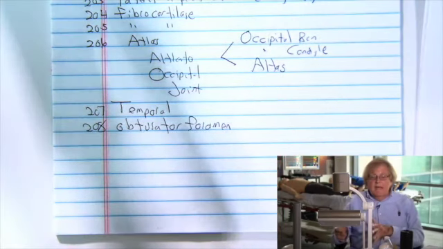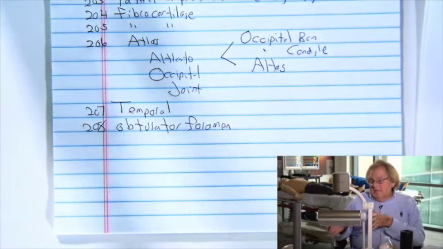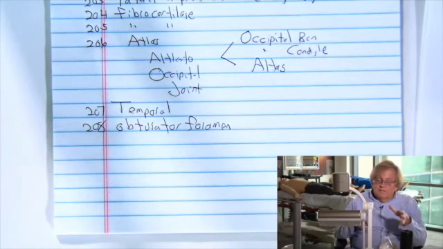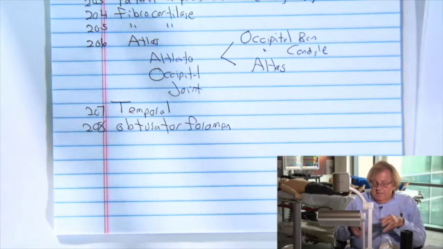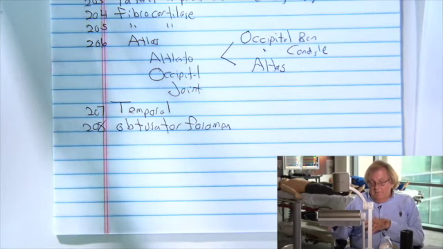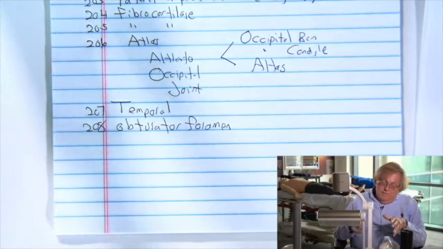Easy way to remember that is think of a doctor that takes care of delivery in women as an obstetrician. And so just think of the pelvis, and just remember the obturator foramen is located in the pelvic girdle.